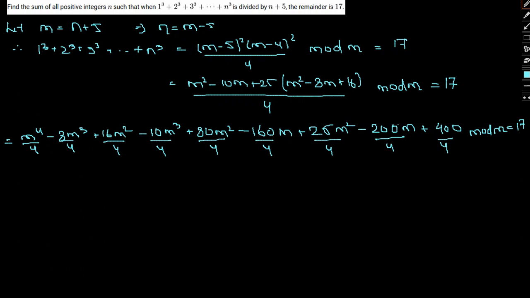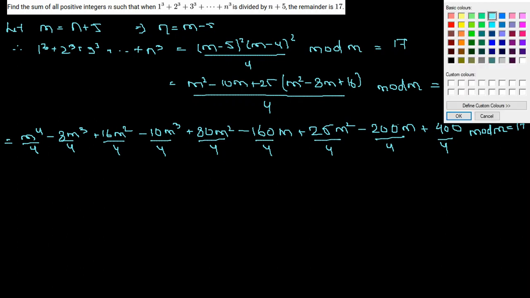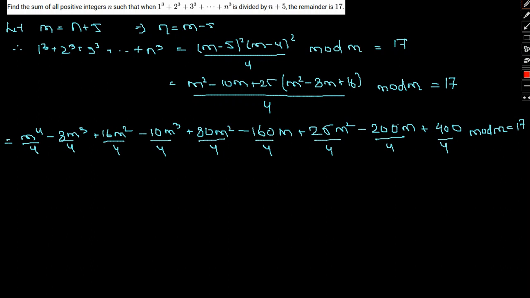So all this entire term, if we take a look at it when divided by m, would give remainder 0. Similarly, this will also give remainder 0, another 0, and again 0. Only in this case we will not have a 0.